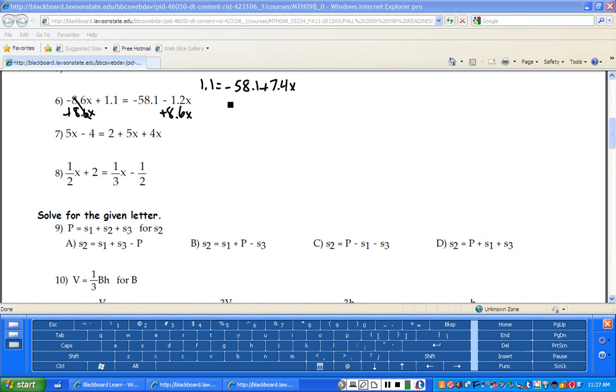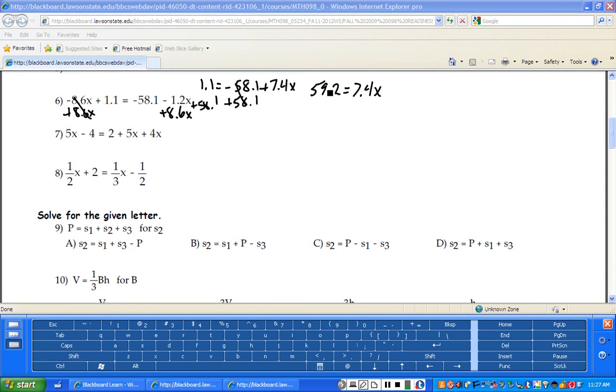Now I add 58.1 to both sides. Cancels over here. 1.1 plus 58.1 gives me 59.2 equals 7.4x. 7.4, I didn't do anything with it, so I just kept it. 1.1 plus 58.1 gives me the 59.2.